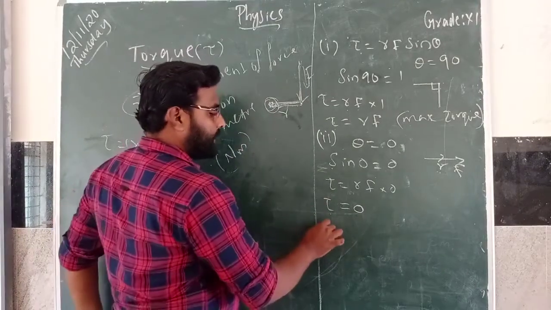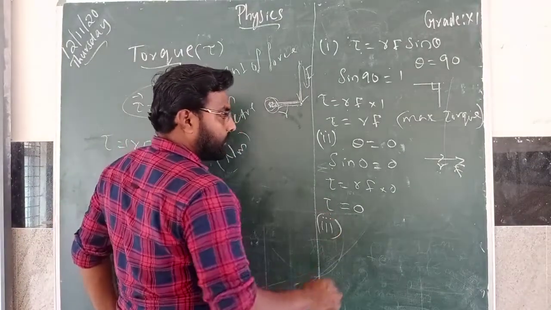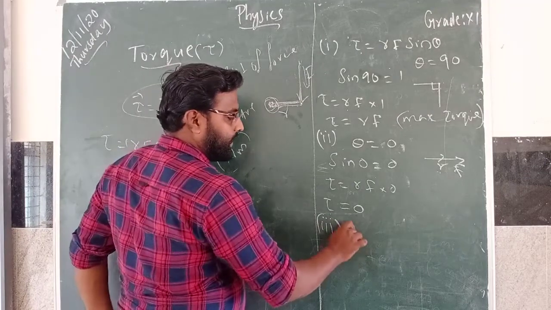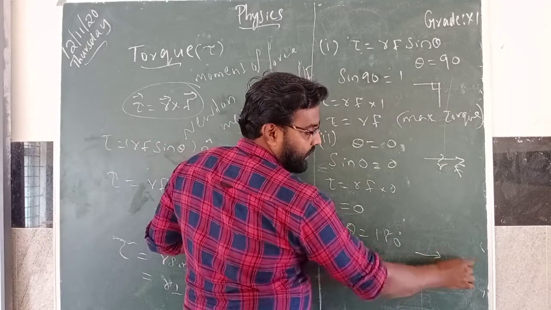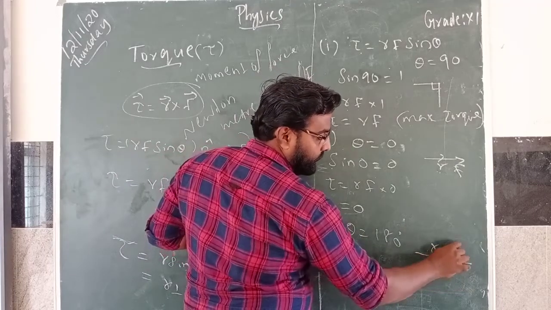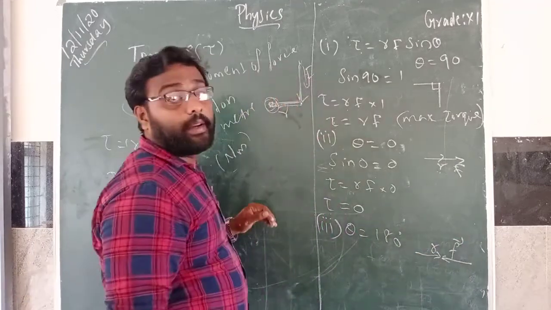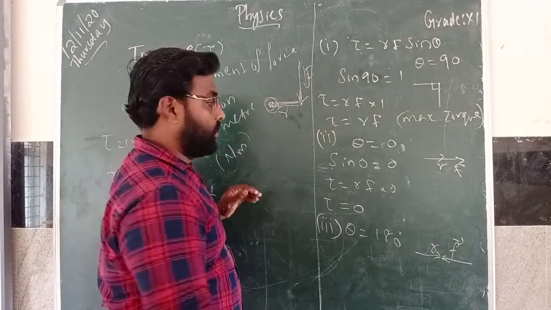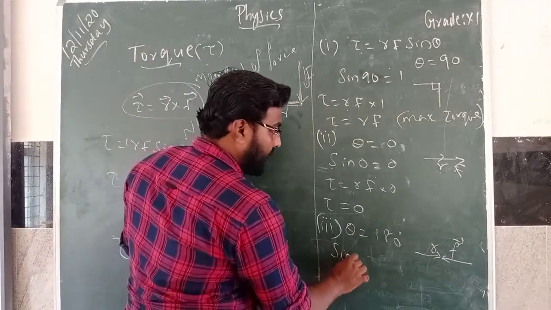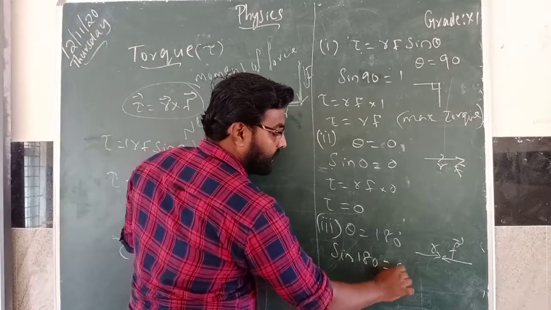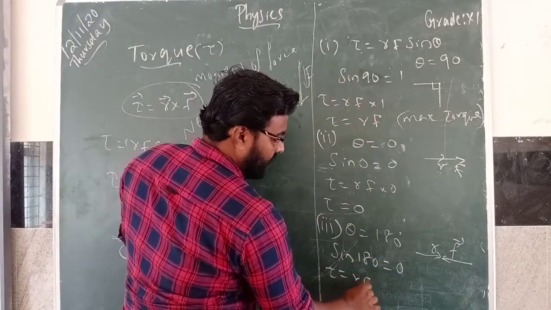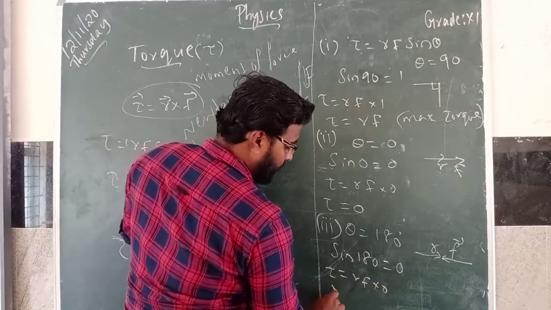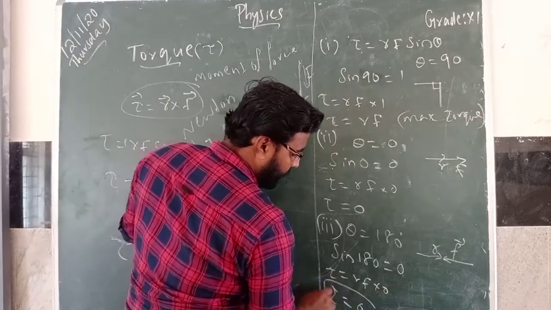Now the third case is theta equal to 180 degree. This is the position vector. This is the applied force. 180 degree. Now also no torque, because sin 180 is 0. So torque is equal to RF into 0. Again torque is equal to 0.